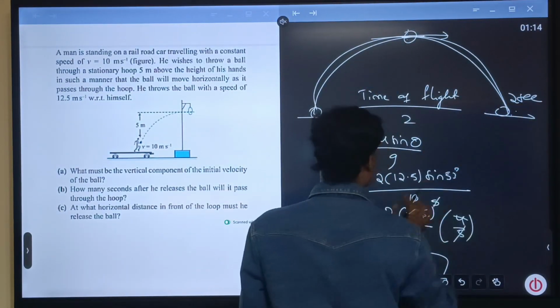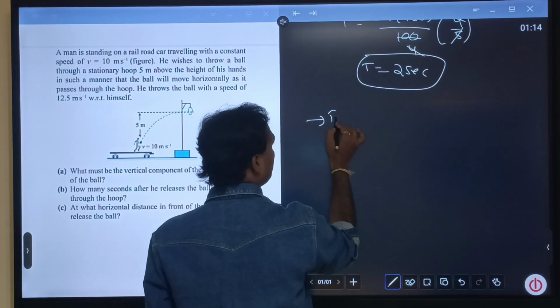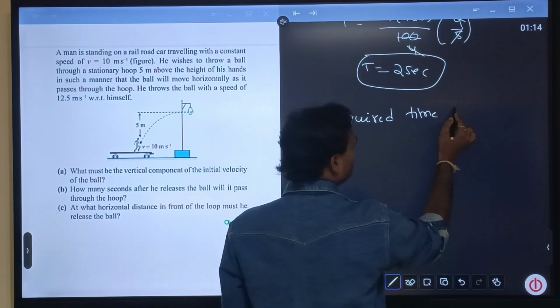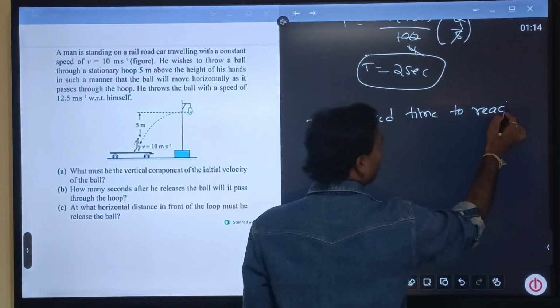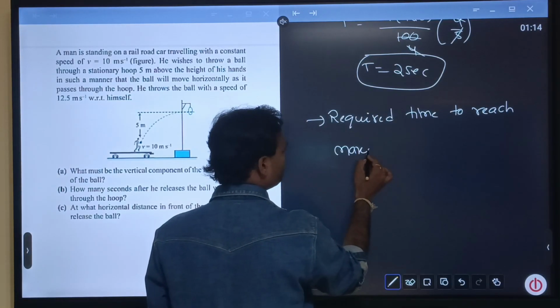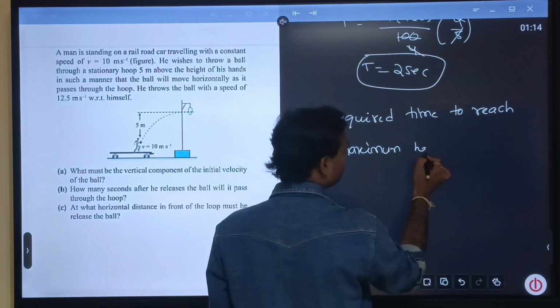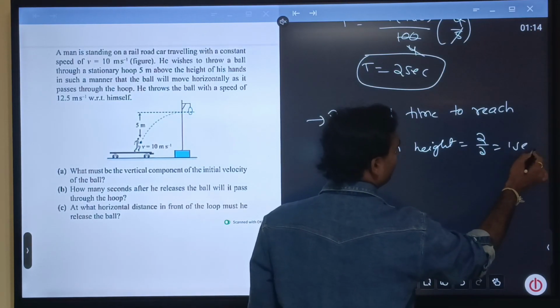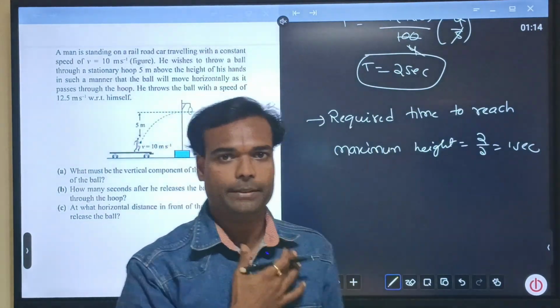Now the required time to reach maximum height is equals to 2 by 2, that is 1 second is the required time, right?